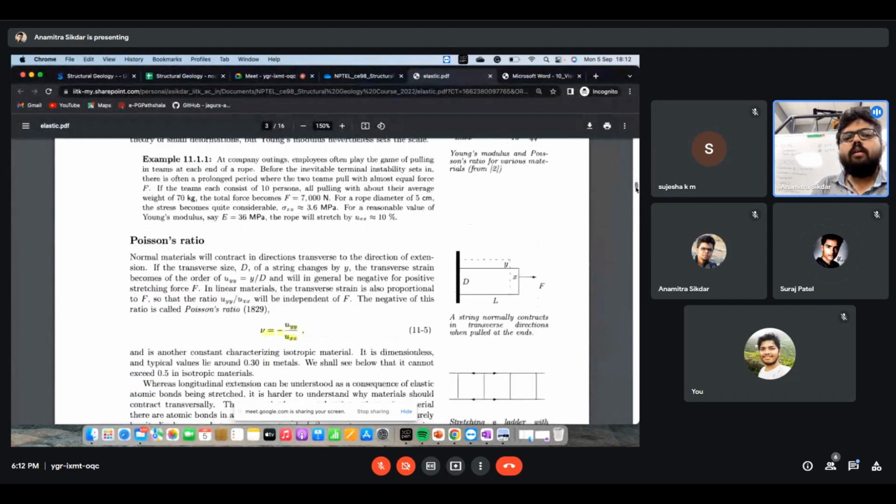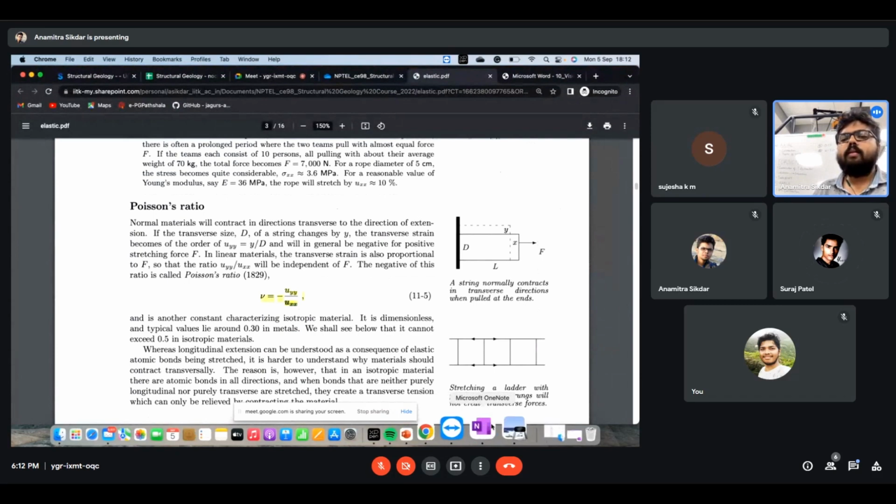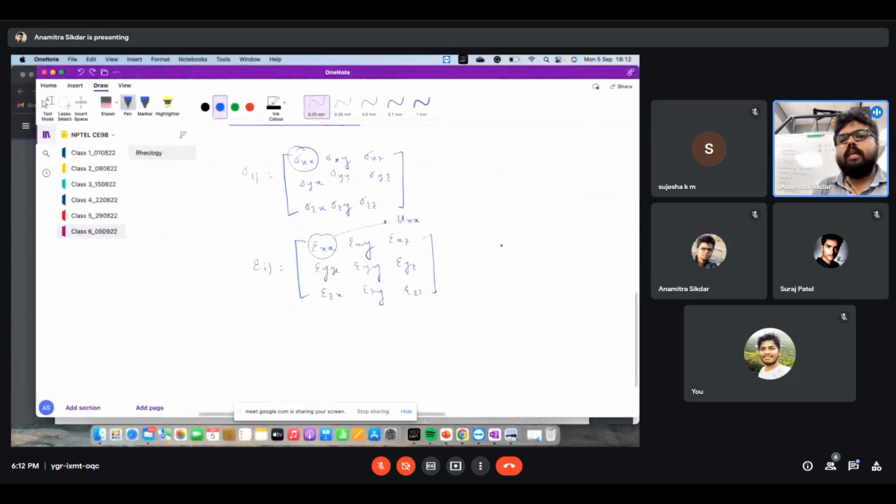So from there, Poisson's ratio is basically defined as the ratio between two strains that are orthogonal to each other, right? So exx, and if I draw the coordinate system, along this axis the strain will be exx, right?